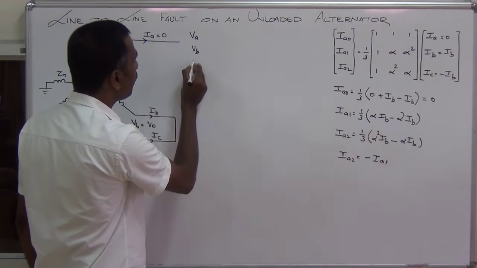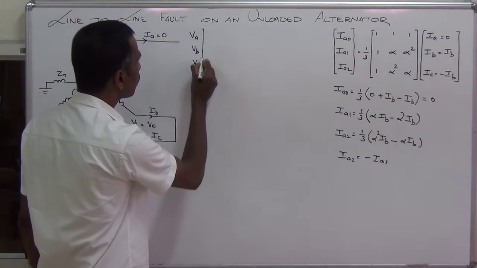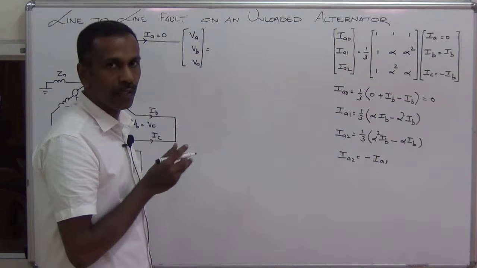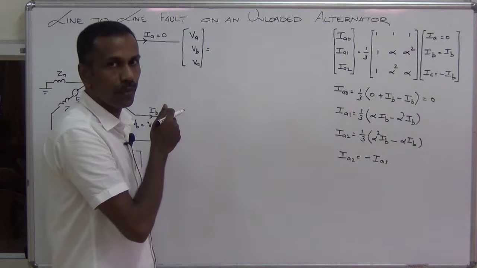VA, VB, VC. This is the equation we are using to convert the sequence components into phase voltages.